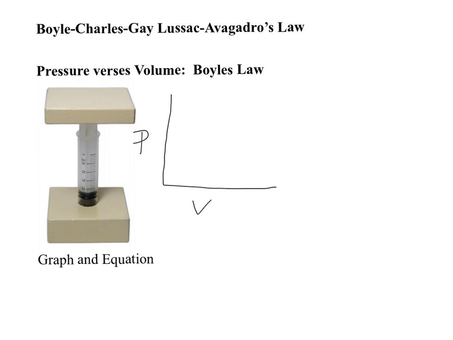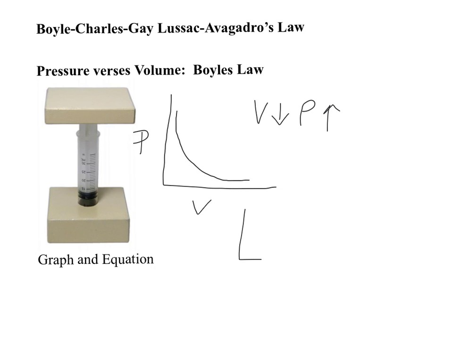Remember, as we change the volume of a substance, that's going to affect the pressure. So it looks like this. It's an inverse relationship. So as volume decreases, pressure increases, and vice versa.